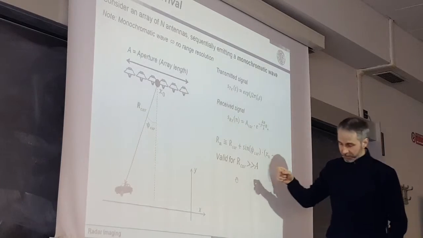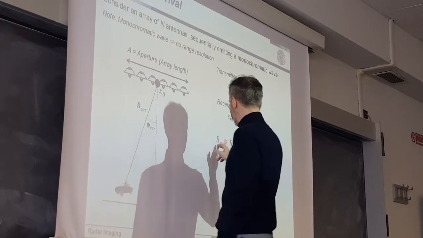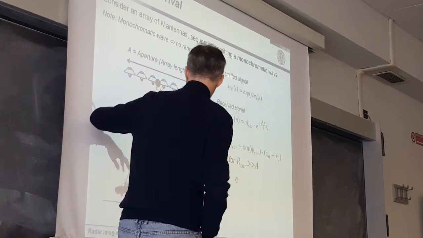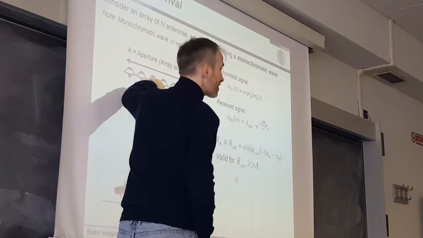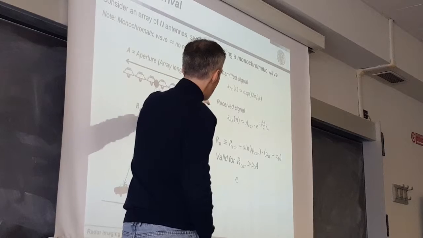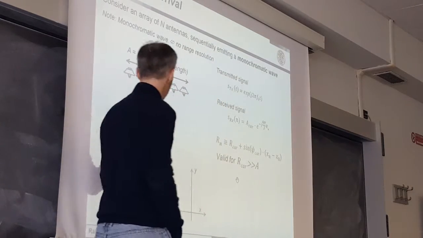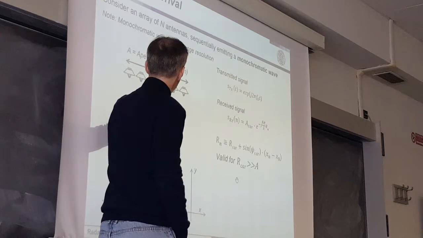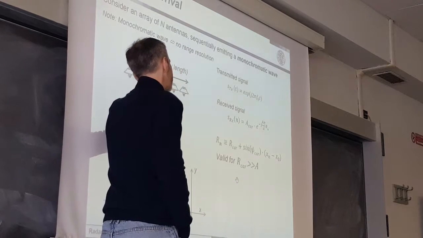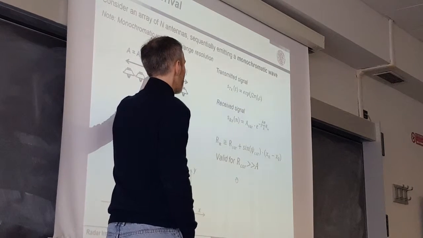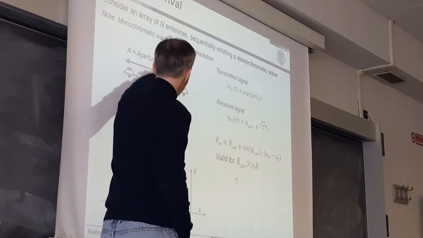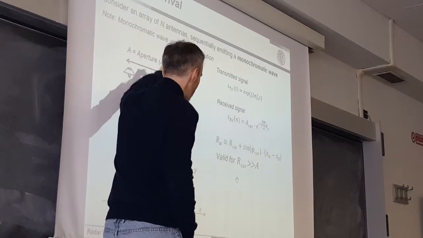So you can simplify the expression of the distance as a constant term, which is, let's say, the distance from the center of the array, times the sine of this angle, times the position of each sensor with respect to the center of the array.